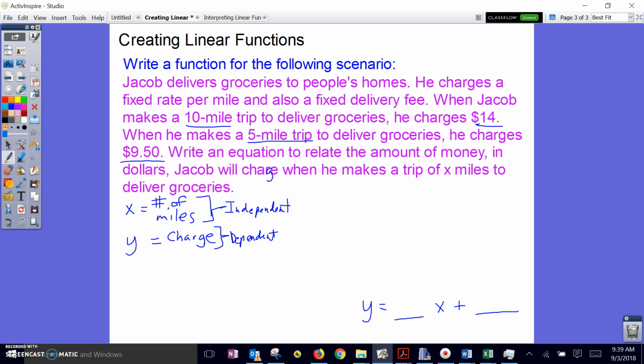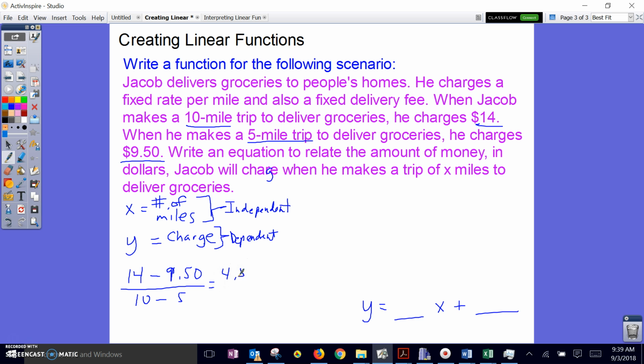So to find out how much the dependent variable changes when the independent variable changes by 1, we're going to take the differences in those values for the dependent, and we're going to divide it by the difference in the values for the independent.